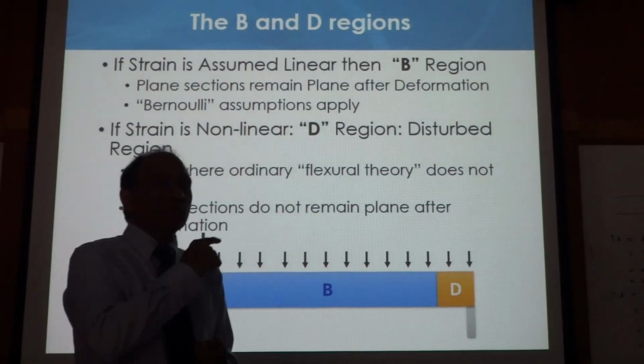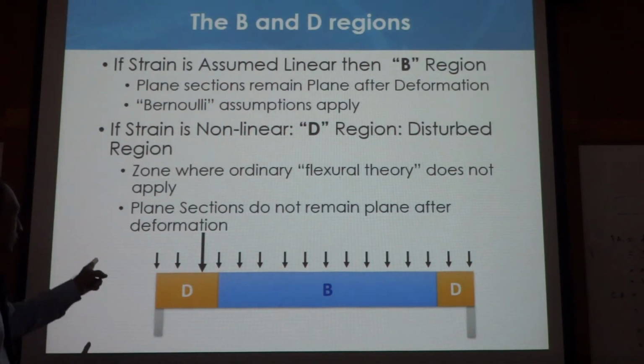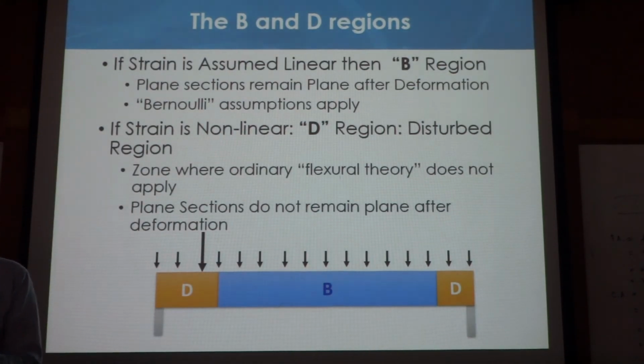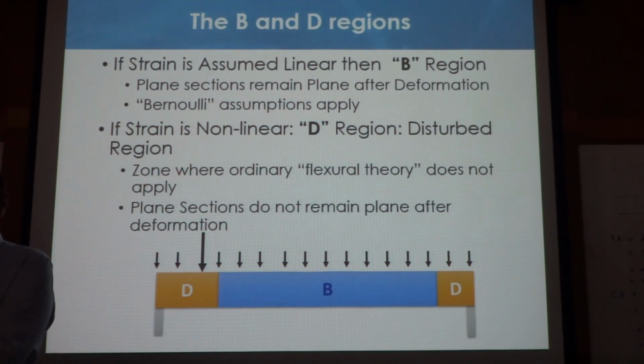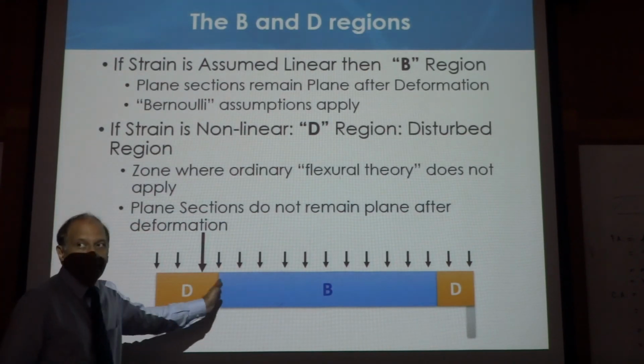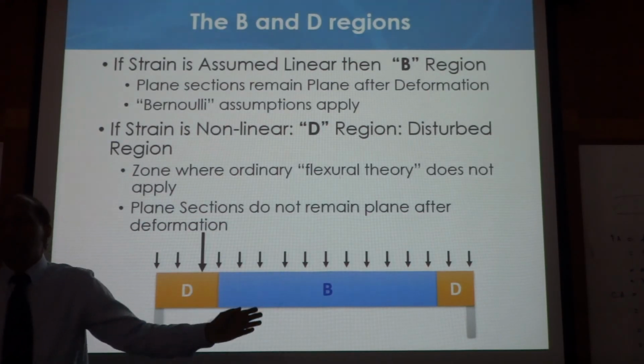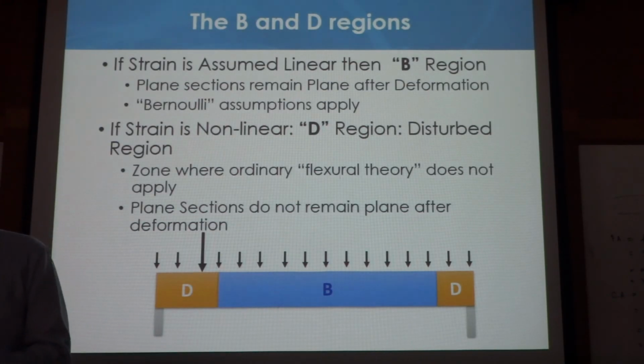And whatever we are going to study now is going to apply to the orange region, not the blue region, according to ACI. But I disagree. The concept that we are studying can easily be extended to B region and D region consistently. There is no problem with that. Okay? And we will argue why we can use it and why ACI does not want you to use it.